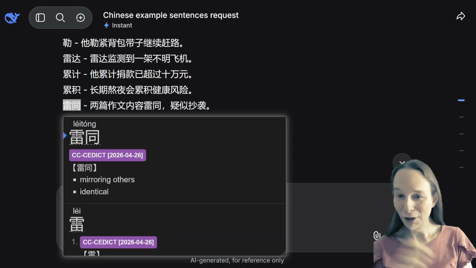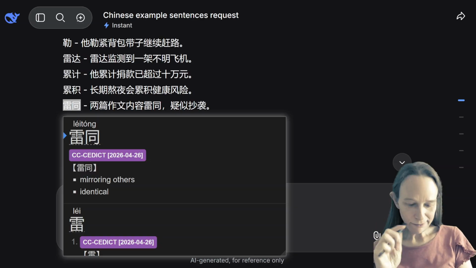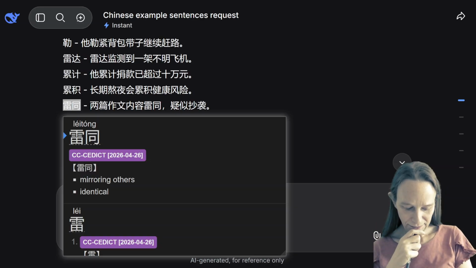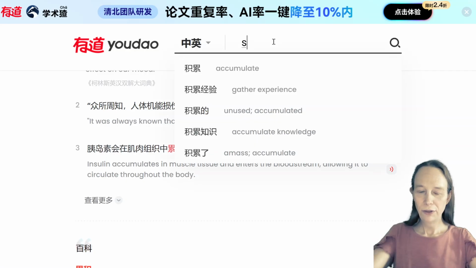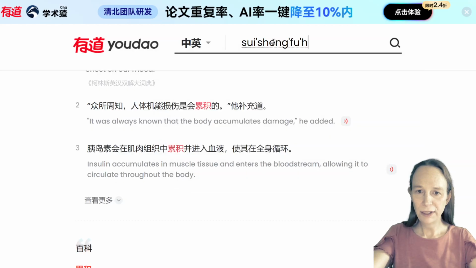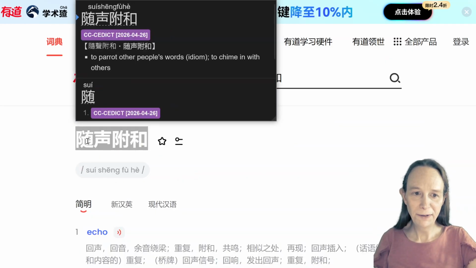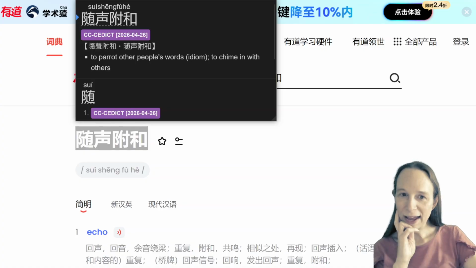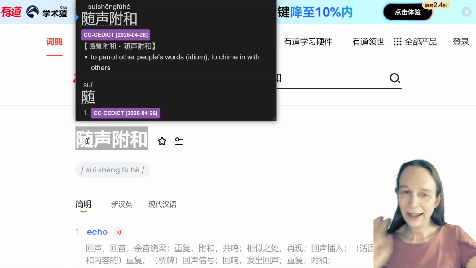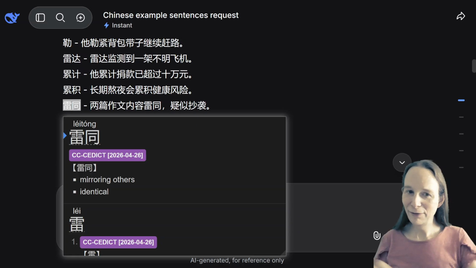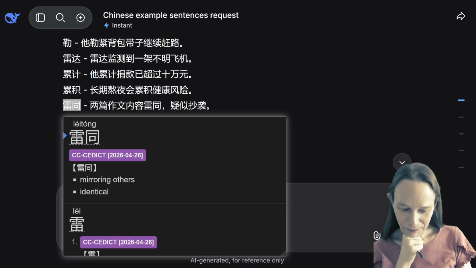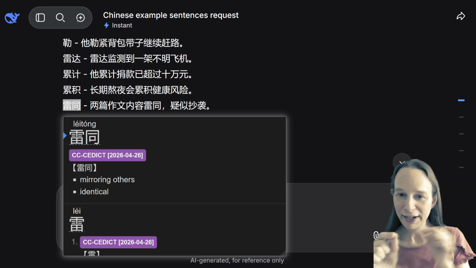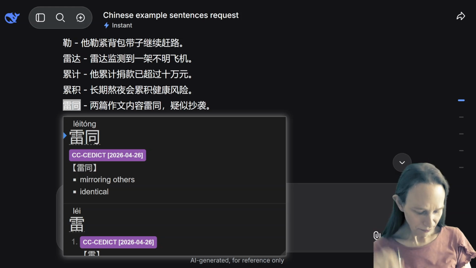Right, it should not be identical yet is identical. 随声附和, maybe that's a 成语. 随声附和. You parrot word for word, so this is a rather high level of identicality. All right, so it's like word for word, character for character identical.